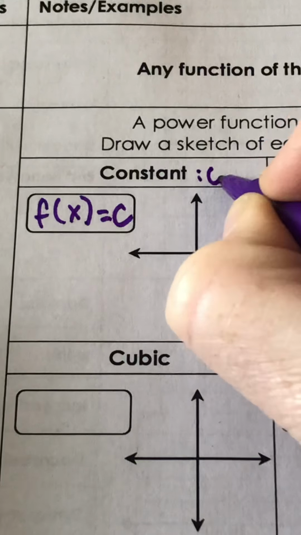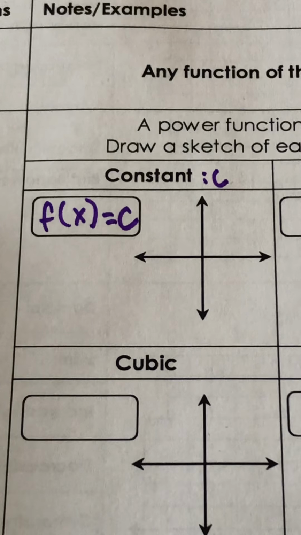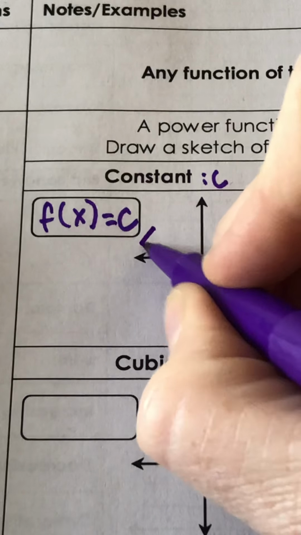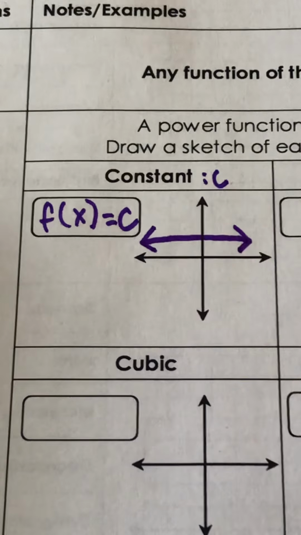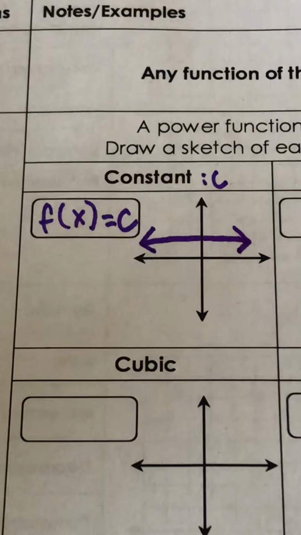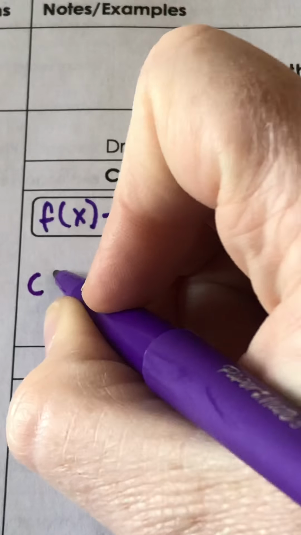Your constant is c, and that can be any number, 5, 10, 15, 20, -5, whatever. It's going to be a horizontal line at c. Above the axis if it's positive, and below if it's negative. Okay, so c is just a number.